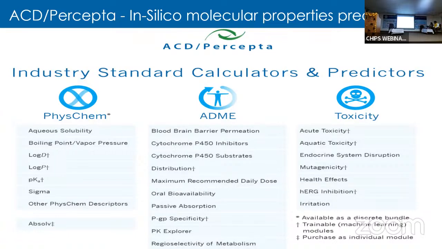This is very useful in the beginning stage, and in the development stage, how your molecule is administered, how it is behaving, and its toxicity. So this will help you predict how your drug molecule is behaving, and then you can change it accordingly.